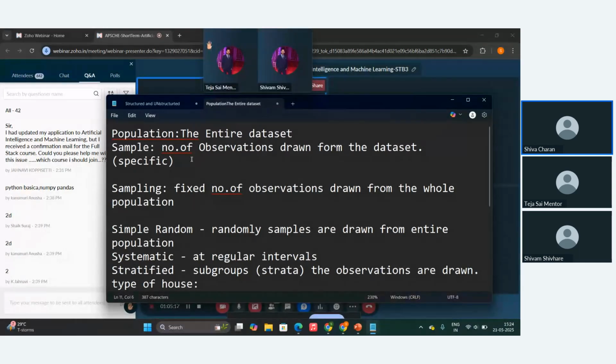What does it mean that observations are drawn at regular intervals? Let's say there is a huge line. We have considered this example previously also. Let's say I have a supermarket data set with the details of each person standing in the queue and the items they carry in their basket. I need to perform systematic sampling to find what kind of products are mostly bought by the users.